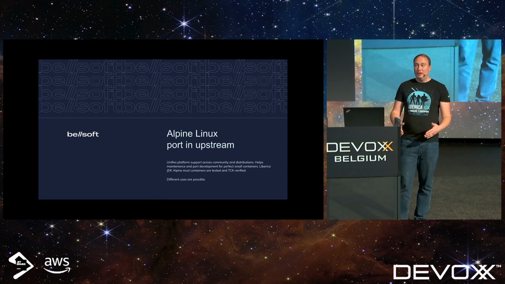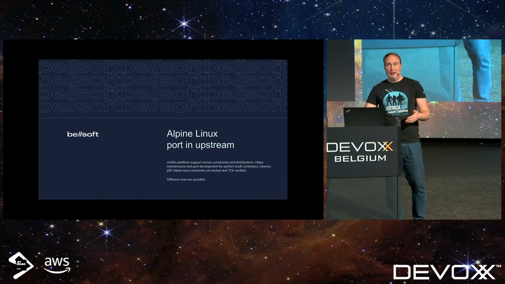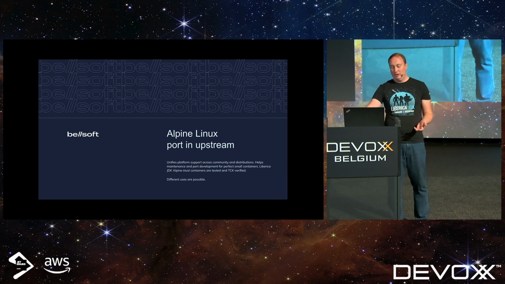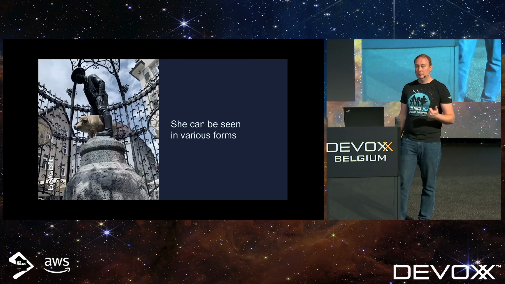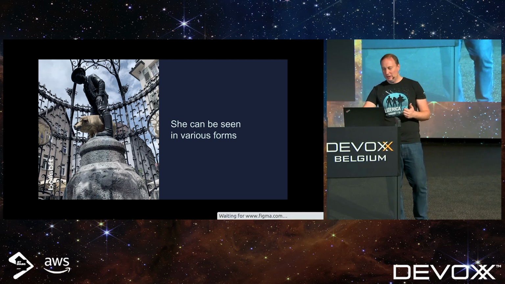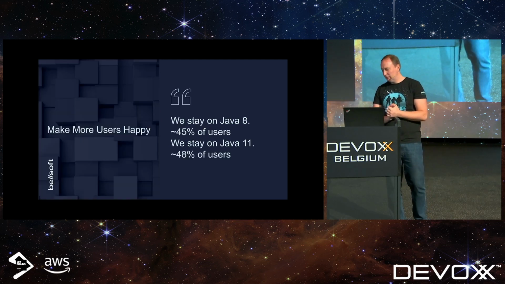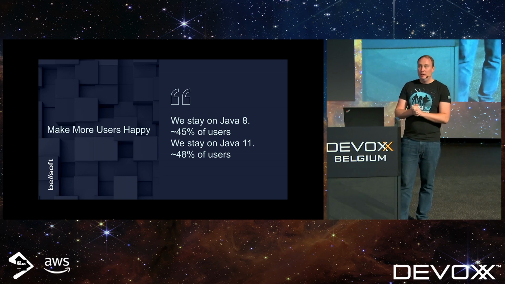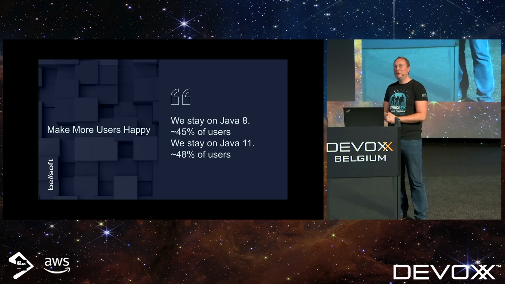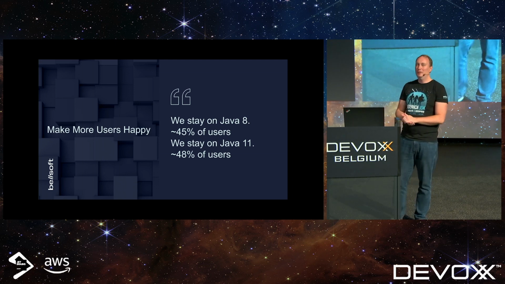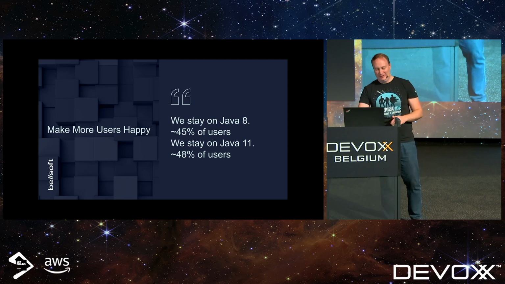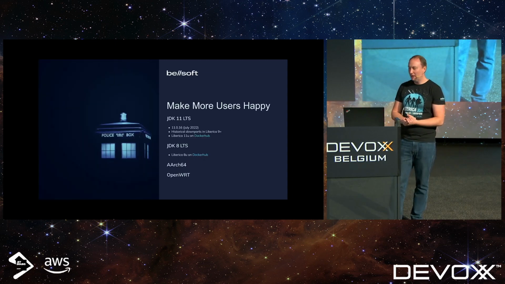So now the port is in upstream, in newer JDKs, in JDK 16, but that doesn't mean it doesn't work for older ones. There's now an official port in OpenJDK 11, and we'll see that slide later, which is widely used, and it's becoming a new JDK 8, but I think that won't last for long because it's much easier to migrate to newer JDKs from 11.